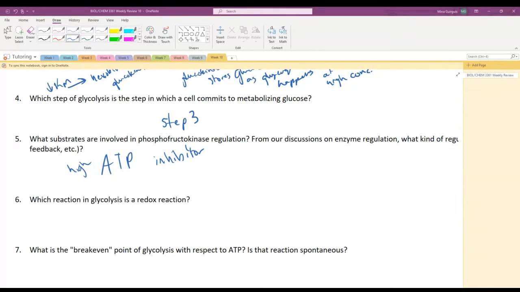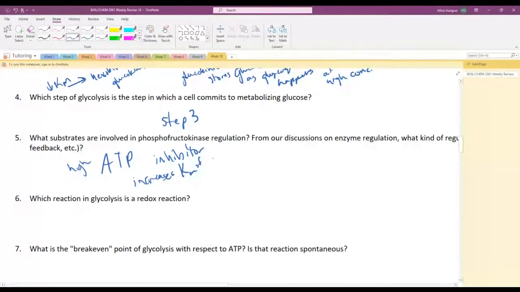When we talked about K systems and V systems in enzyme regulation, a K system will change the affinity of an enzyme but keep Vmax the same, whereas a V system will change velocity but keep the Km the same. So this increases the Km of PFK, which decreases affinity.